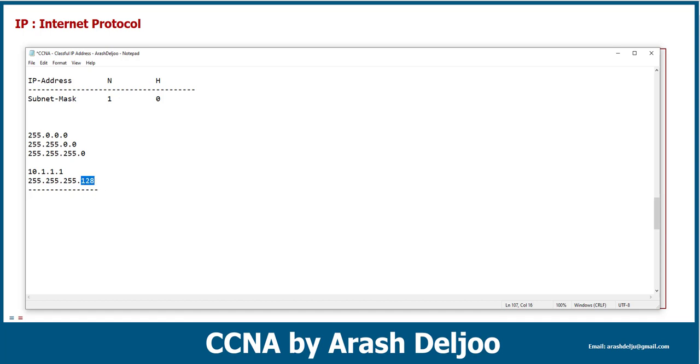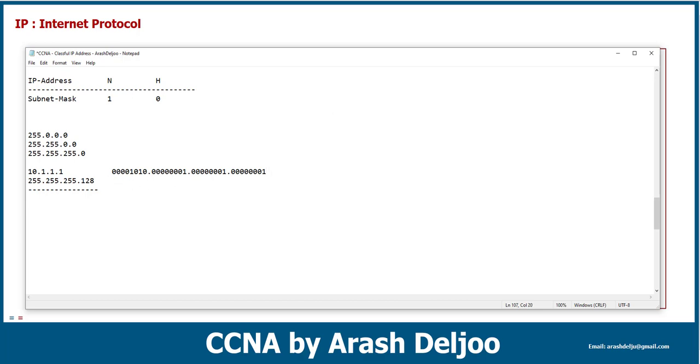Let me write these two values in binary format. For example, 10.1.1.1 in binary is 00001010, then 00000001, again 00000001, and again 00000001. This is the 10.1.1.1 in binary.